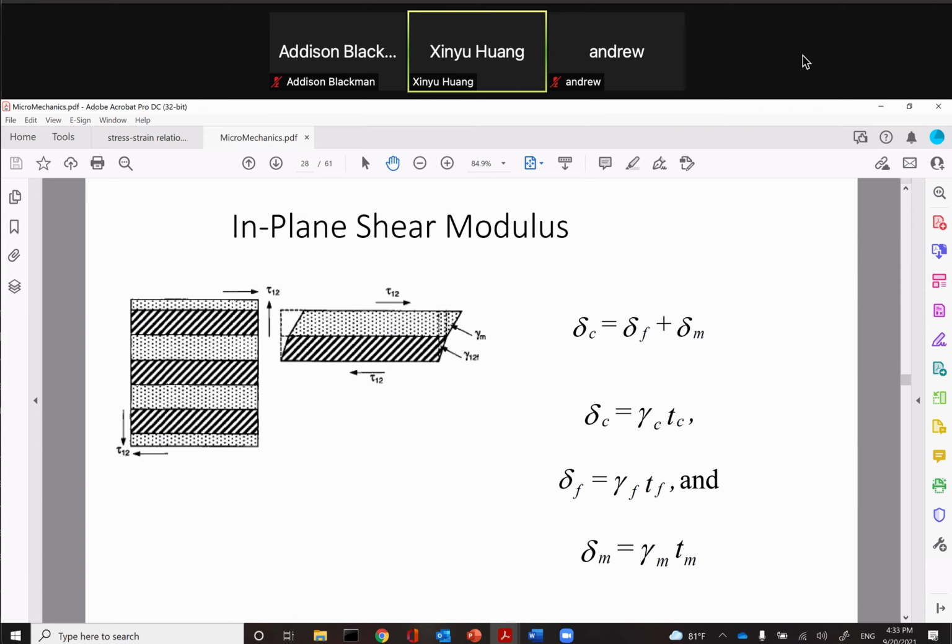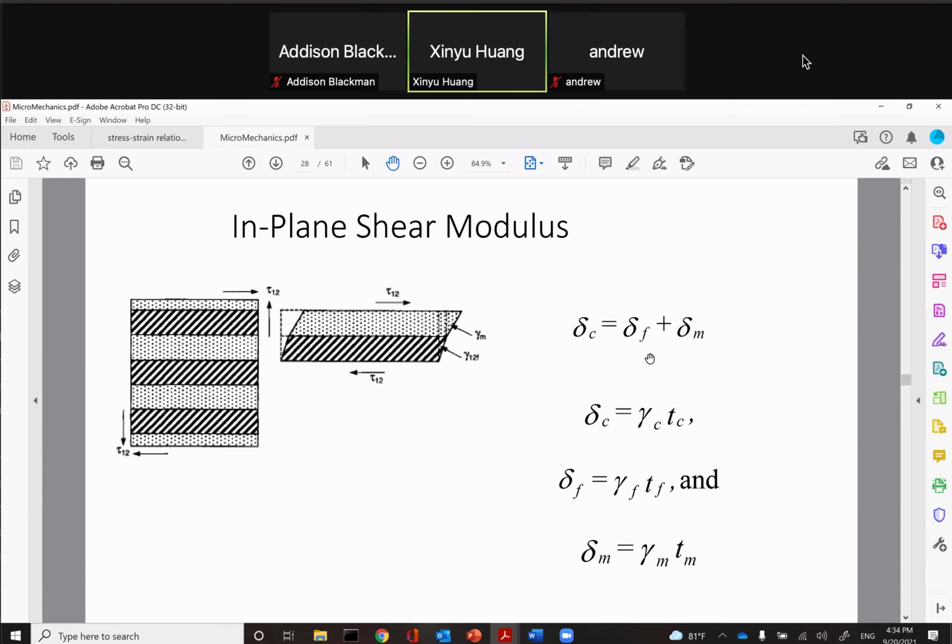You argue this material, if you load it in shear, will respond similarly on average to the composite. Okay, so you basically apply shear and you try to figure out what's the average shear. You can basically use the layer properties. When under shear stress, each layer may shear different amounts. Okay, and you can assume that they actually add up. The total shear of the composite is the sum of the shear of the fiber plus the shear of the matrix. Okay.